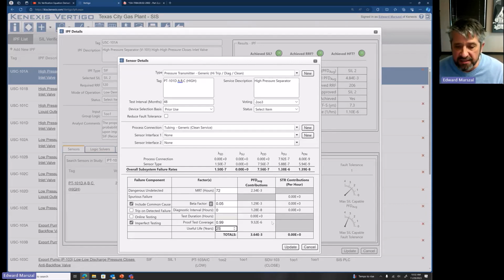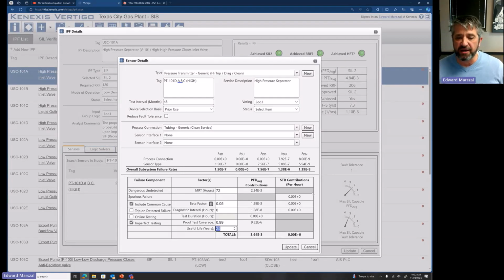That term is what gets calculated here. So it's a function of how good is the testing, and how long am I going to allow that potential dangerous undetected failure rate to accumulate?